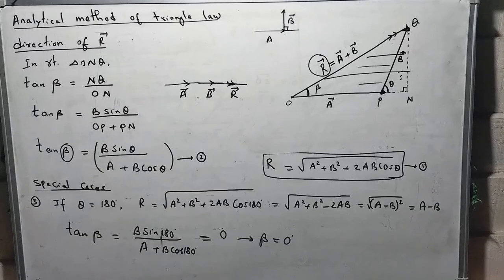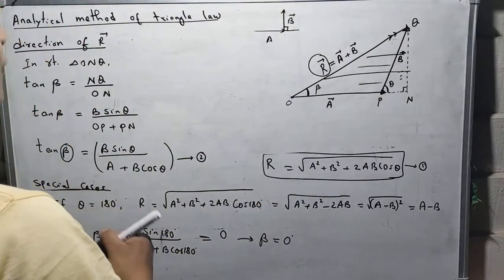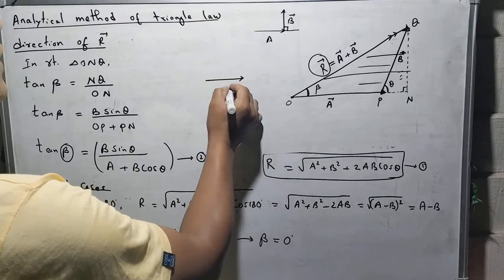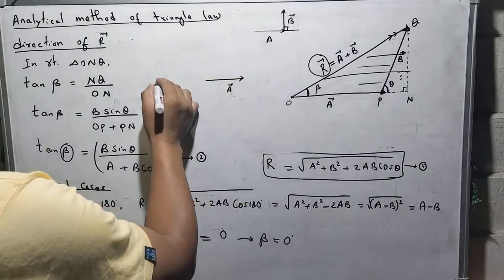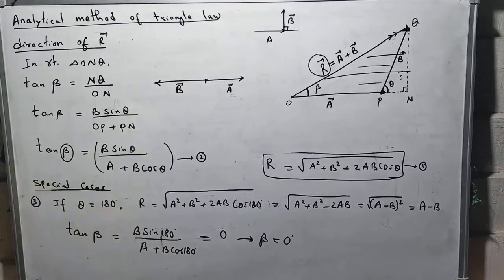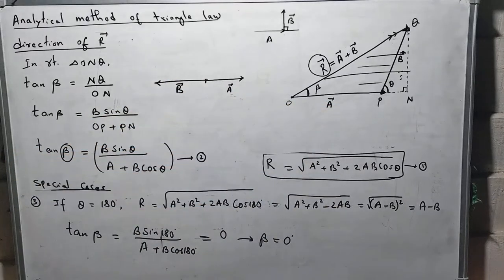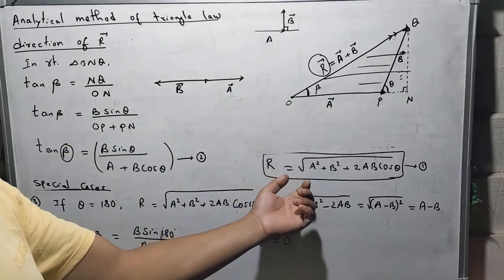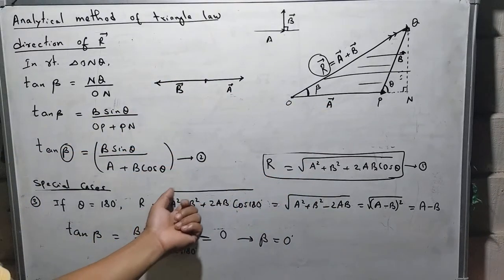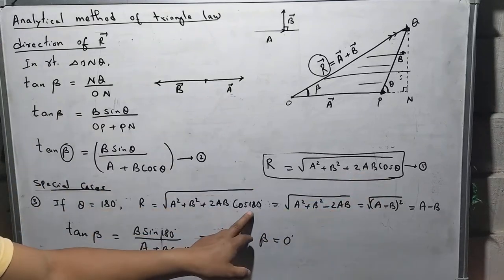Third case is if theta equal 180 degree. That is, if one vector is acting in this direction and the second vector, let's say, is acting in this direction. So that is the meaning of theta equal 180 degree. So in that case, equation 1 becomes R equal root over A square plus B square plus 2AB cos 180.